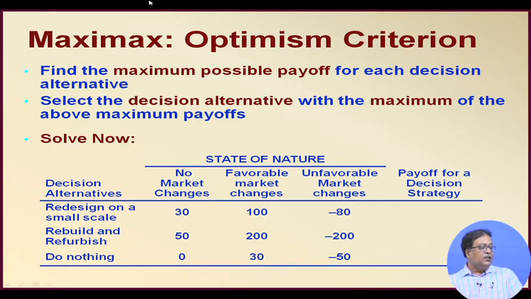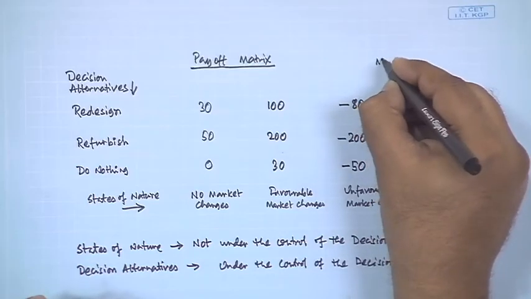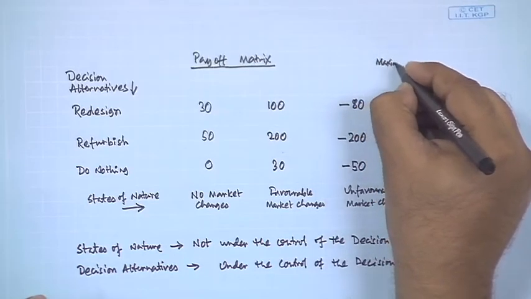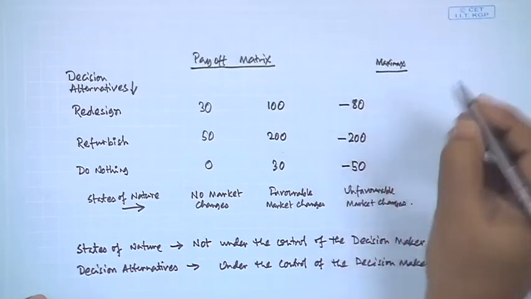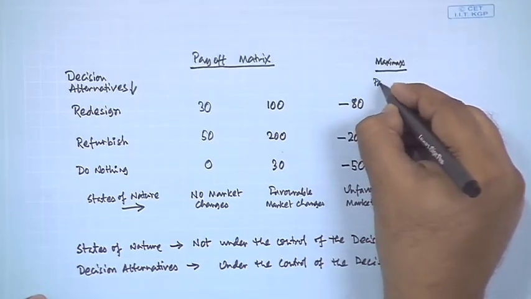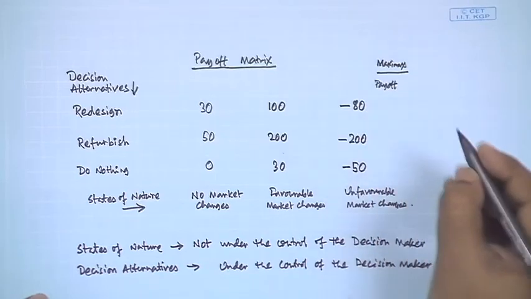For example, if the person is going to take redesign as an option, then what would be the state of nature that he would assume? He would assume that the favorable market change would occur, and therefore his payoff, the Maximax operator payoff, would become 100.